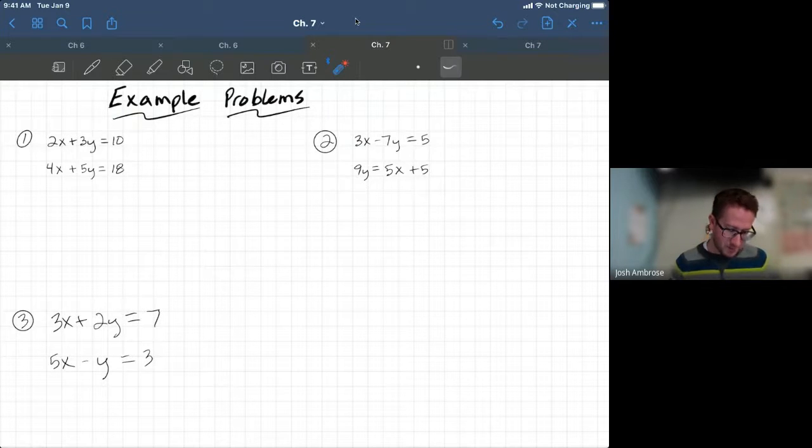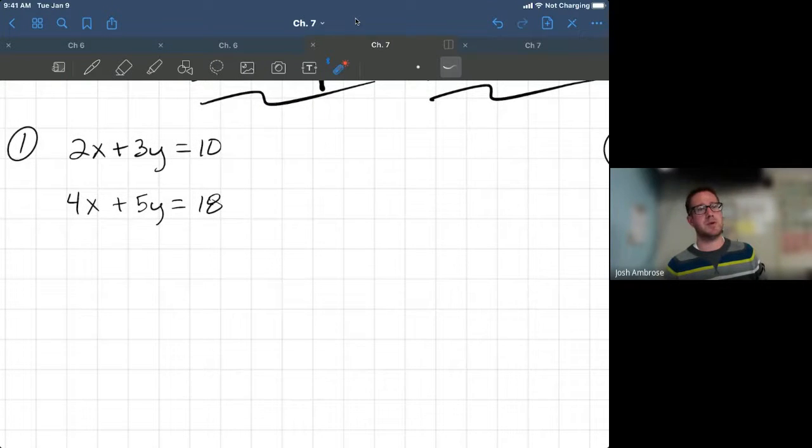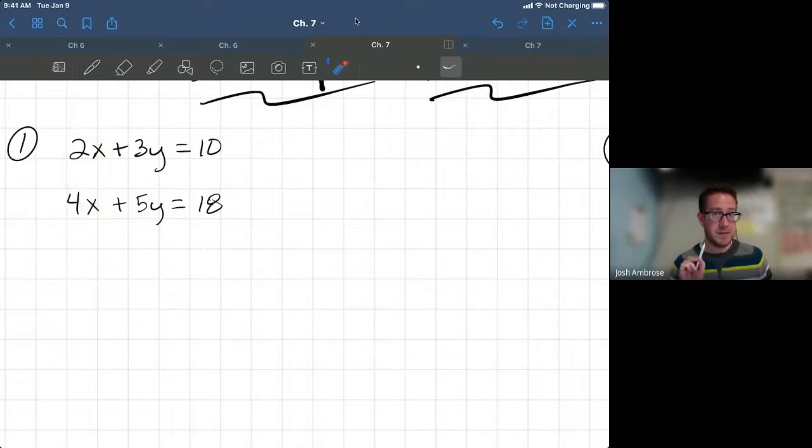So the first one here, we'll do a little zoom in. We have 2x plus 3y equals 10, and 4x plus 5y equals 18. These are the 2 terms that I'm going to focus on, because 4 and 2 go together. 2 can become 4.